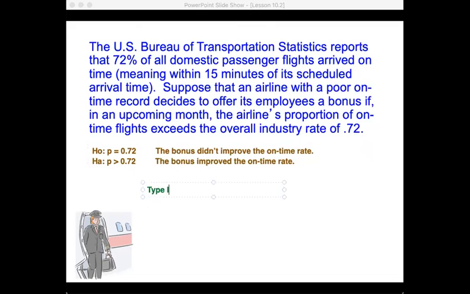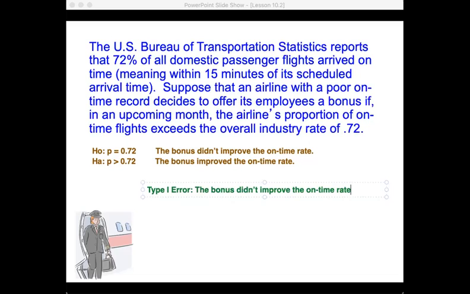Okay, so type 1 error. So now this is how it gets real simple. Type 1 error. The first thing is true, right? So the top line is true. The bonus didn't improve the on-time rate. I'm literally copying it.